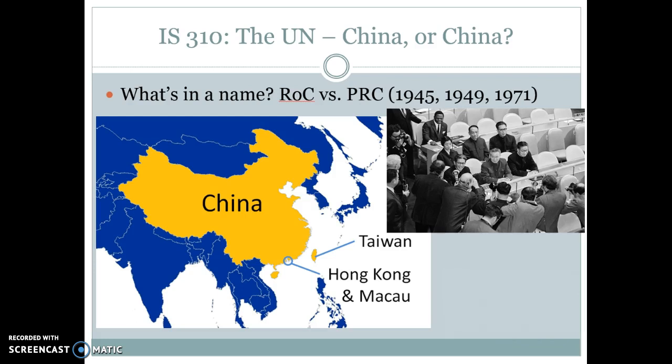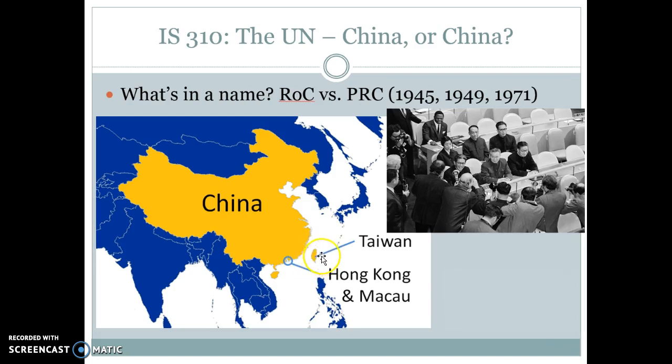The forces of Chiang Kai-shek and the Republic of China fought the revolution against the forces of Mao Zedong and what became the People's Republic of China. And when the PRC wins, this big entity of China, the Republic of China leadership and peoples were pushed out to the island of Taiwan. You don't have to worry about Hong Kong and Macau in here for our purposes today.